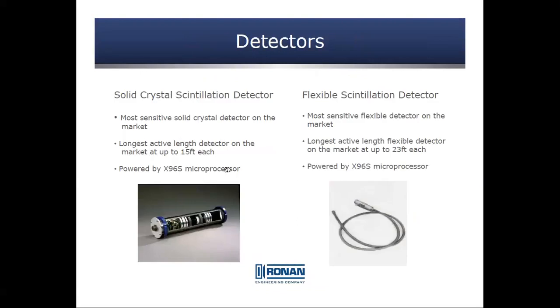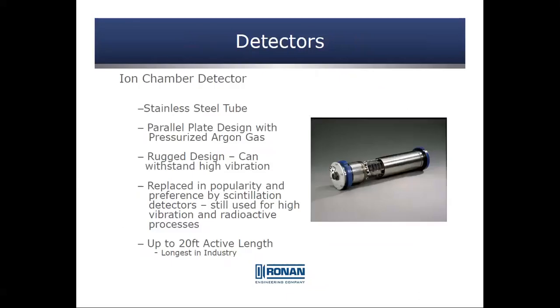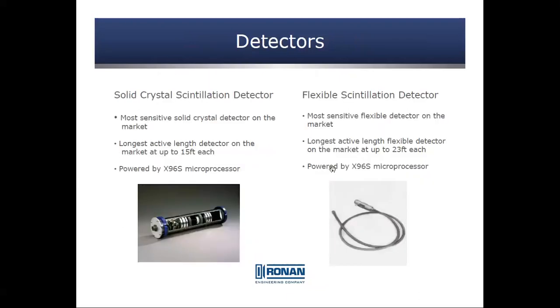The second component of a system is the detector, and we offer 2 different styles of detectors. We offer, actually there's 3 different styles. I don't have a picture of the other. Oh, yeah, there it is. We have a scintillation detector, and we make that as a rigid product or as a flexible product.